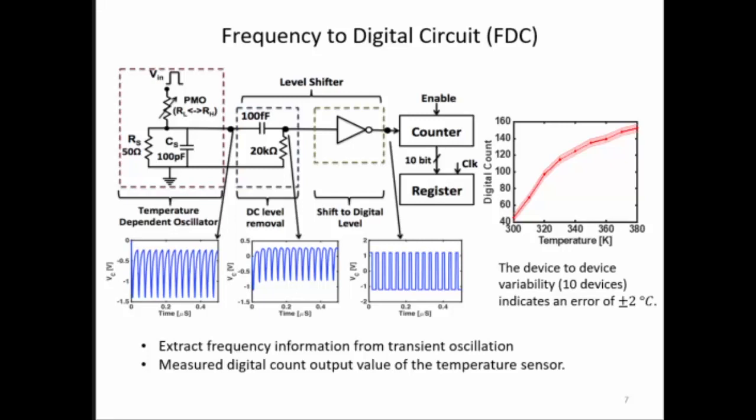For example, if you have two separate PMO stacks showing the same digital count, we can expect an error of 2 degrees Celsius between them, and that is what we have plotted here. But for a fixed PMO device, the cycle to cycle variability is much lesser, and that error is only about 0.5 degrees Celsius.